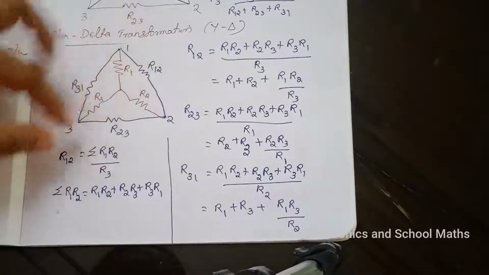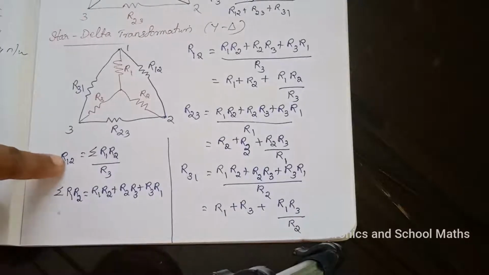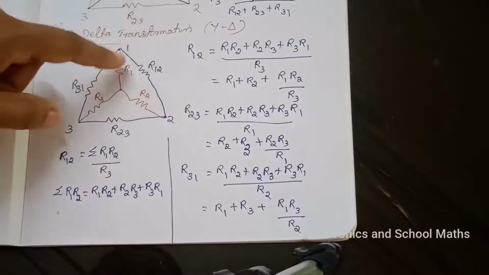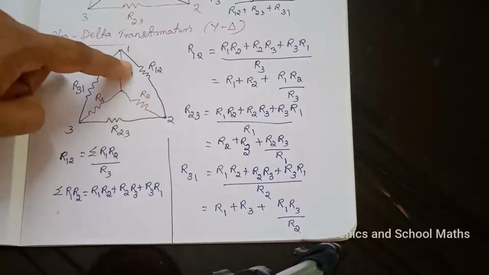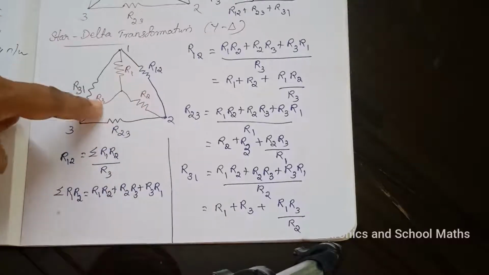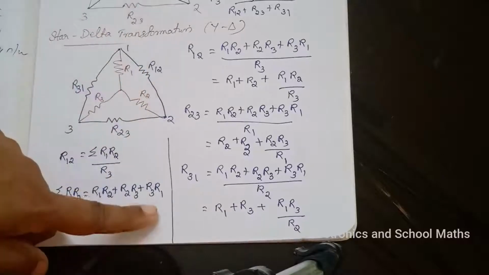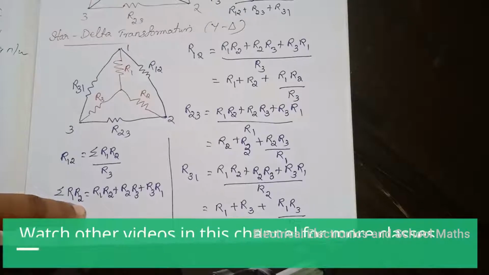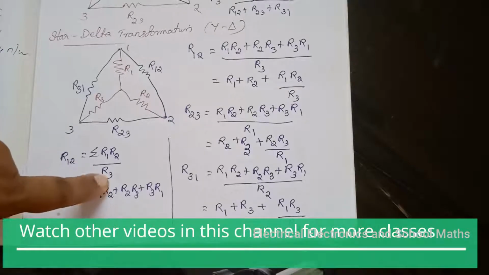Or in other way we can write R12 as the sum of R1 R2 plus R1 R3 plus R2 R3, denoted as sigma R1 R2, divided by R3.